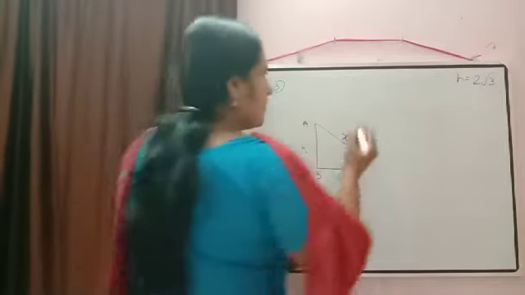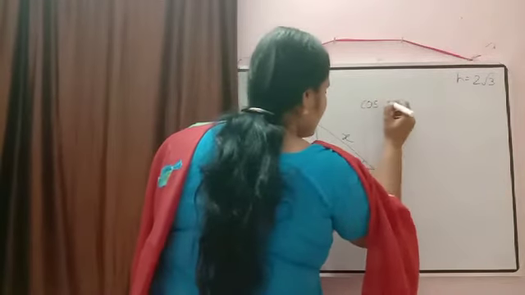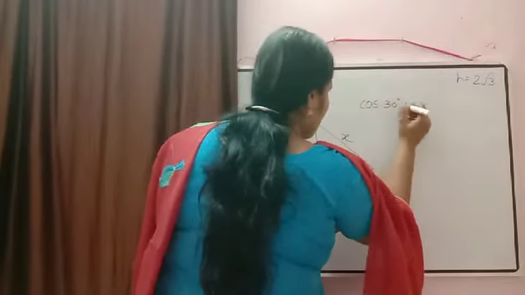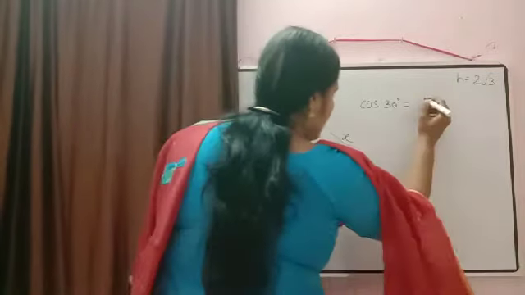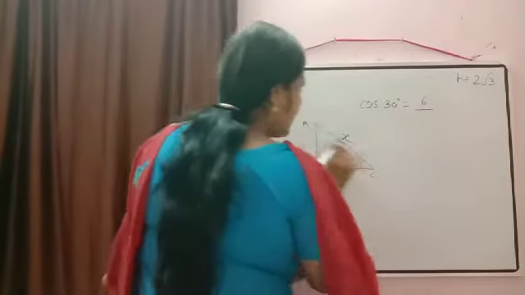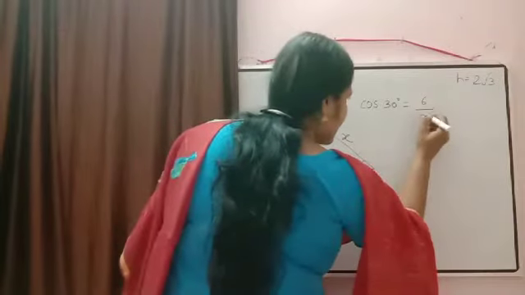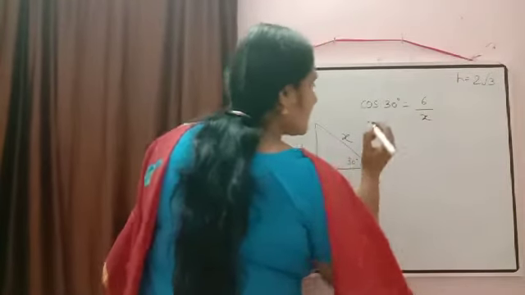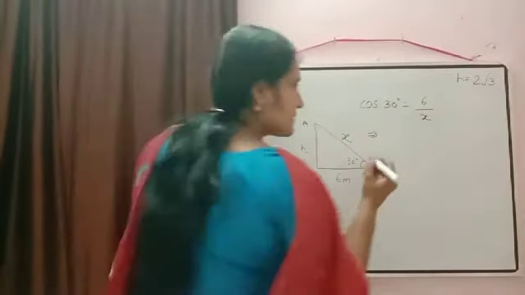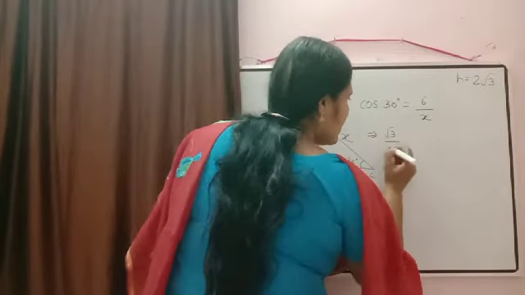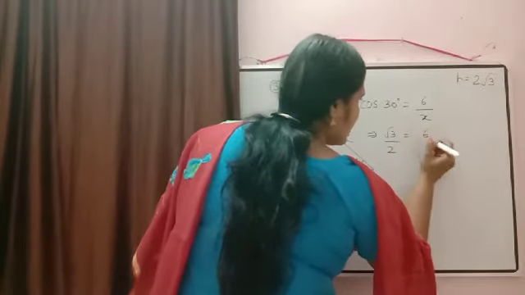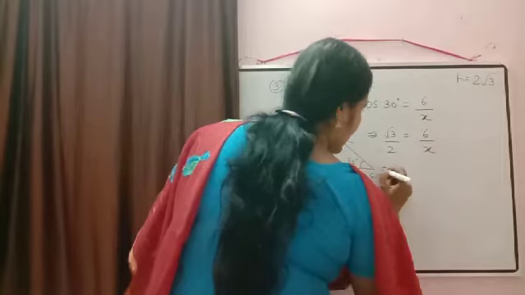Correct, that is cos. So just write down there, cos 30 degree is equal to side adjacent, that is 6, by hypotenuse, x there. How much is cos 30 degree? Yes, cos 30 degree is root 3 by 2, is equal to 6 by x.